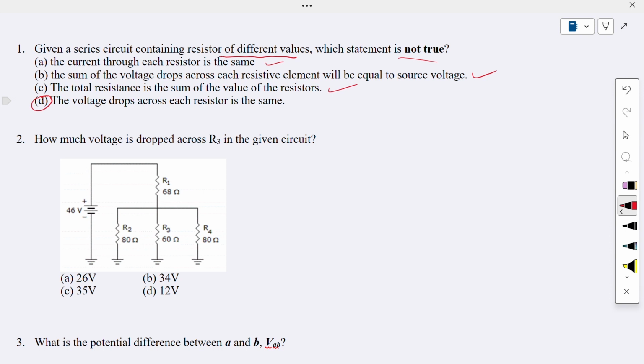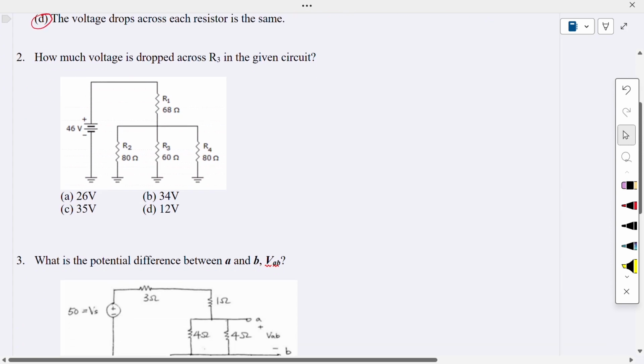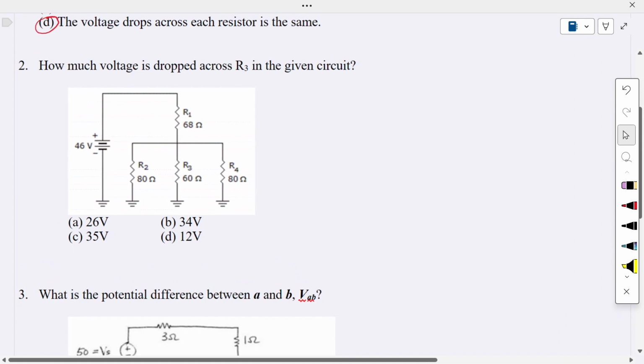Okay, so now we see the second question. How much voltage is dropped across resistor R3 in the given circuit? That means we need to know the voltage drop here.